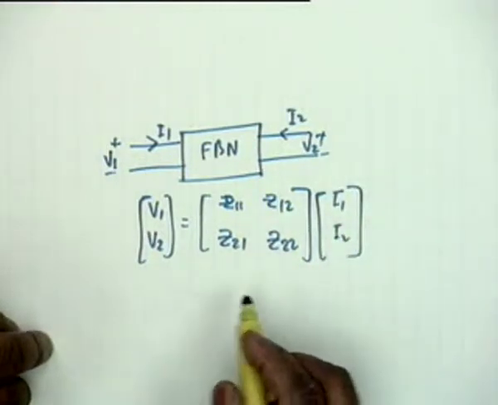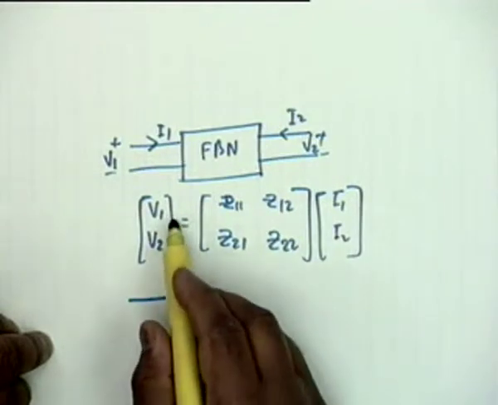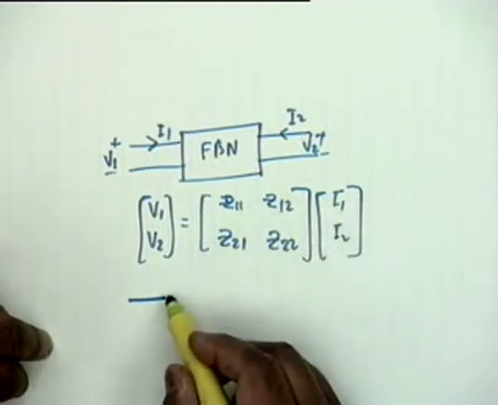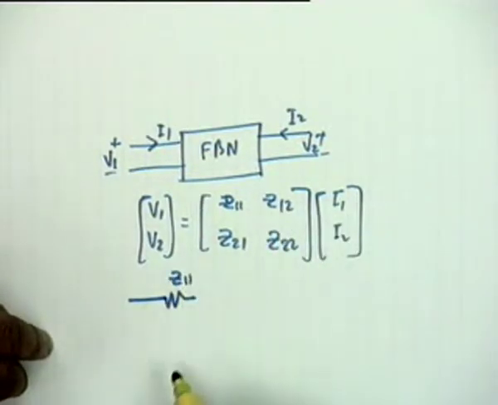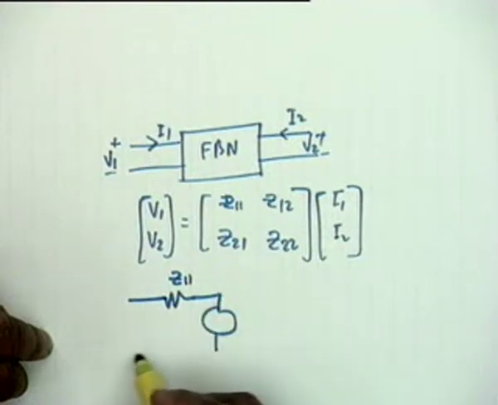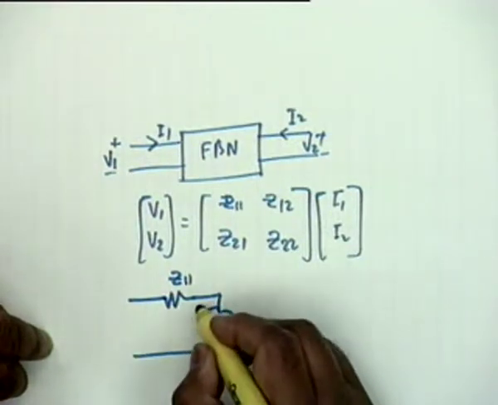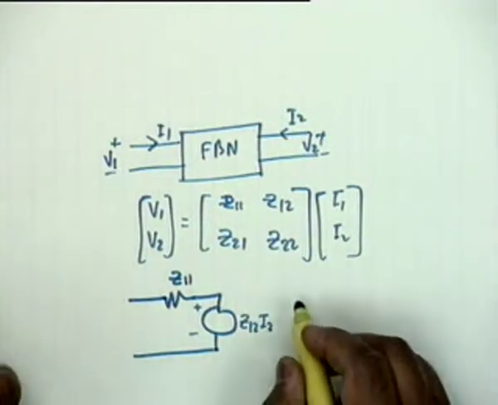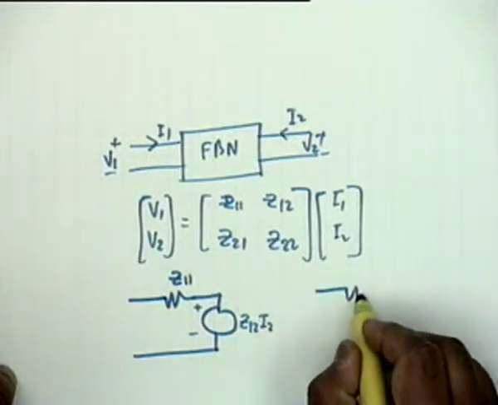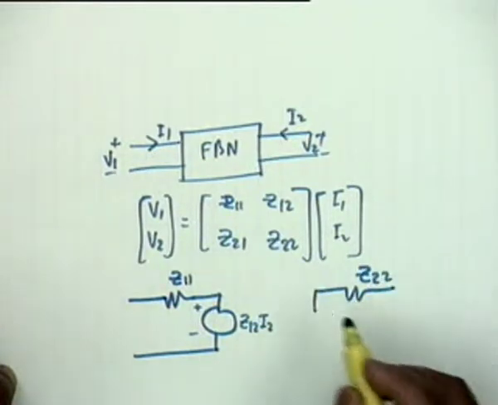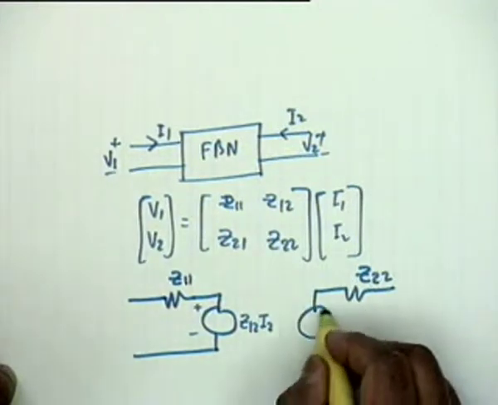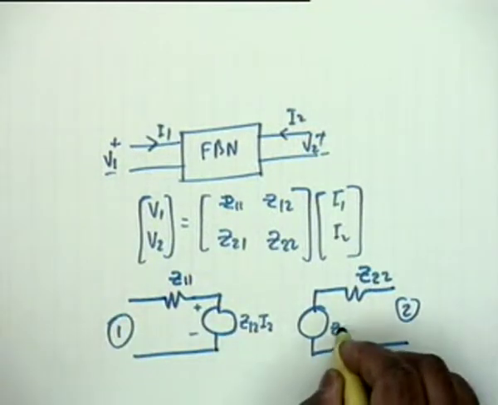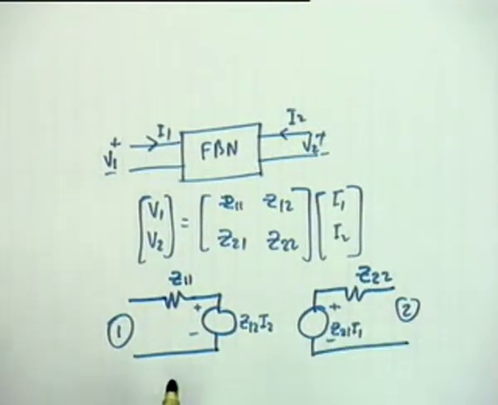And the equivalent circuit is, if you write this equation, V1 equal to I1 Z11 plus I2 Z12, you have Z11, then a voltage source with a value of Z12 I2. Then in the other circuit it would be Z22 and a voltage source again, Z21 I1, and this is plus minus.